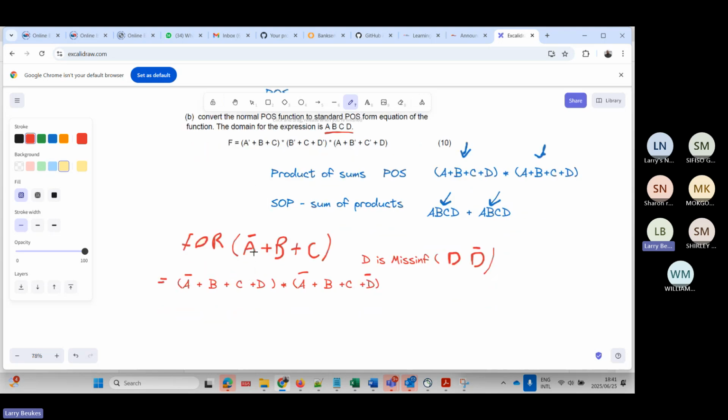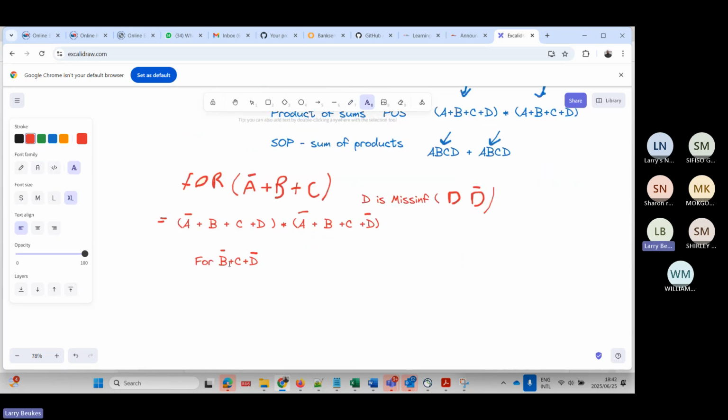So now the second term, let's say A or B plus C plus D. So this is B naught, this is D naught, right? Here we know that, for example, A is missing.